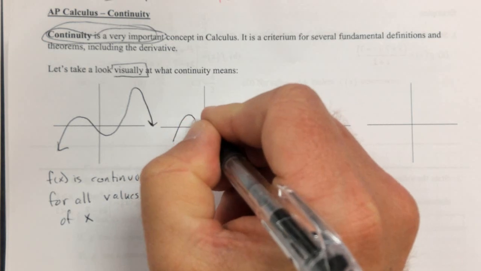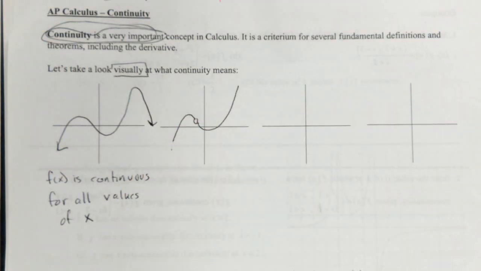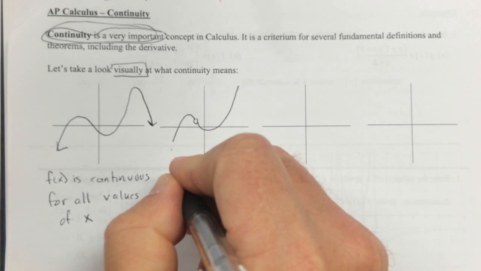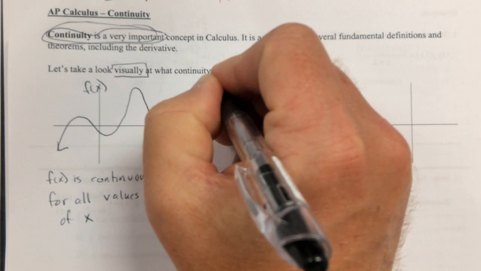So one exception would be if there's a hole in the graph. So that's mostly continuous. It's just that one spot, it is not continuous. I guess we'll call these different things. We'll call this one g of x.